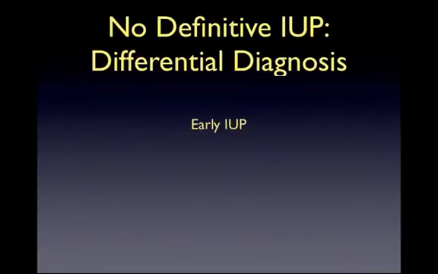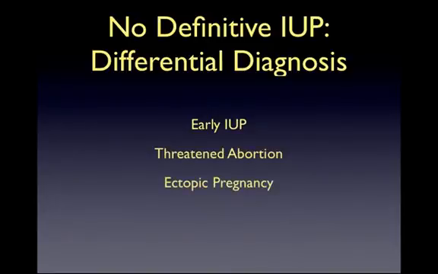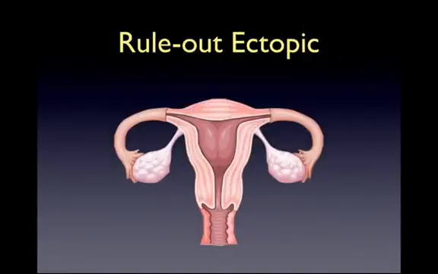Our differential diagnosis at this point includes an early IUP, a threatened abortion, ectopic pregnancy, or molar pregnancy. Ectopic pregnancies occur in approximately 2% of all pregnancies and are the leading cause of maternal death during the first trimester of pregnancy.